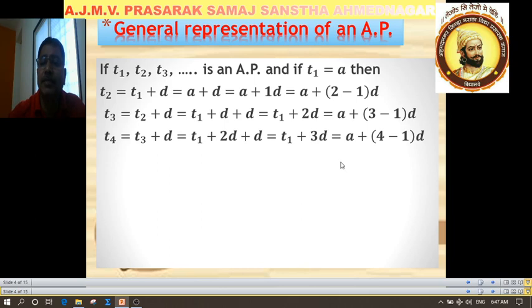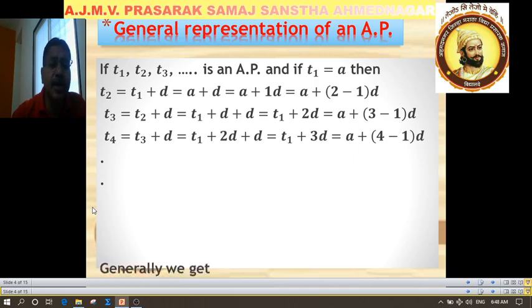So 3 can be expressed as 4 minus 1 time D. So A plus 4 minus 1 time D. So see here, if we generalize it for T2, T2 is equal to A plus 2 minus 1 time D. T3 is equal to A plus 3 minus 1 time D. T4 is equal to A plus 4 minus 1 time D.